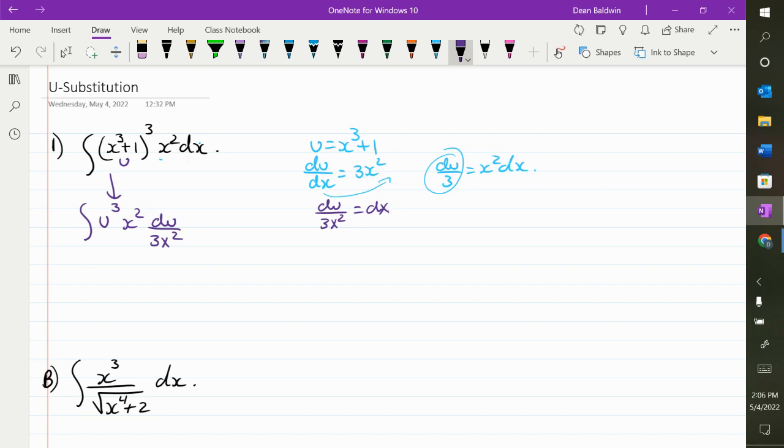They do. Like that. So then we have the integral of u cubed over 3 du. Correct? This is our whole goal. We want to turn an integral that has multiple x's in it into a nice simple integral with one u. Is everybody okay with that?